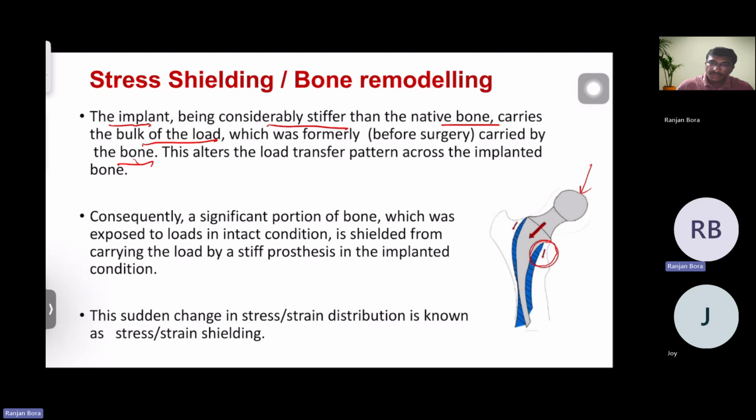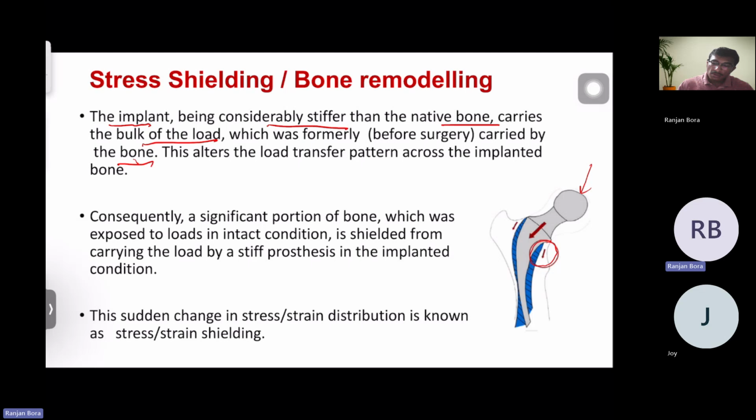Initially this bone was carrying the whole amount of load coming from the hip joint, but after putting the implant, the load is reduced. As a result, because of inactivity in the bone tissue to accept the load, there is resorption in the surrounding bone.